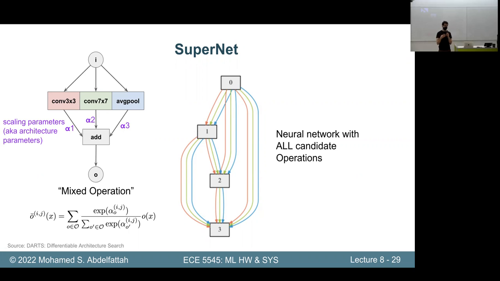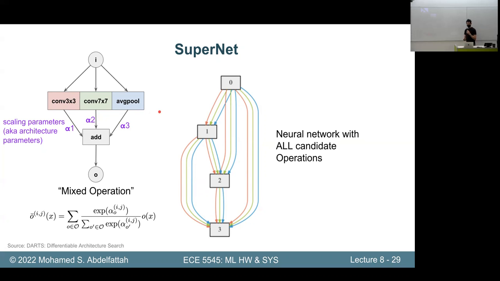When I train a neural network, I can make those alpha values, those architecture parameters, trainable as well. Whichever is trained to a very high value is more important, and whichever has a lower value is less important. That's how I can select my operations here.